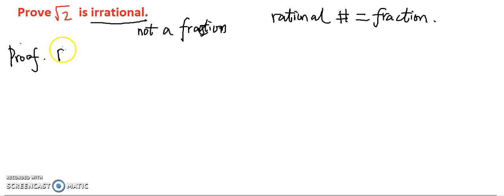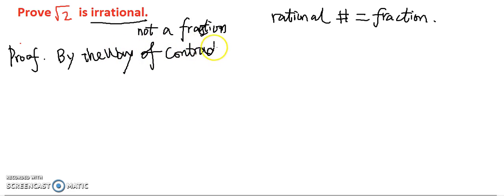So we do it by way of contradiction, which means we assume the opposite. We want to prove square root of 2 is not a fraction, but we're going to assume it is a fraction and see what kind of contradiction we can get.